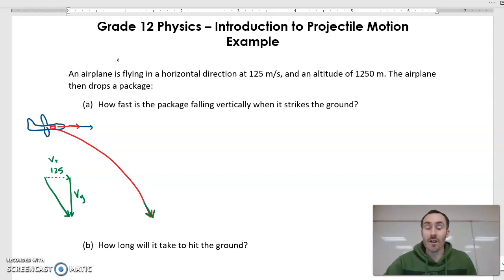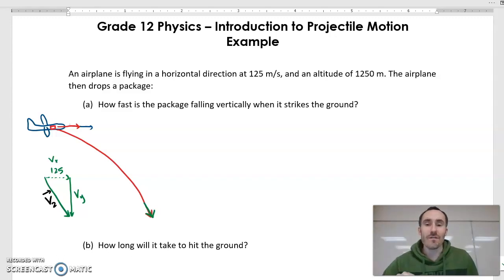You're going to do a lot of solving for what is the final velocity when this object hits the ground. So first, it's only asking us how fast is it falling vertically when it strikes the ground. It's not asking us for this total velocity over here. So this would be, well, let's call it v2, the final velocity. It's not asking us for that. It's only asking us for the vertical velocity.